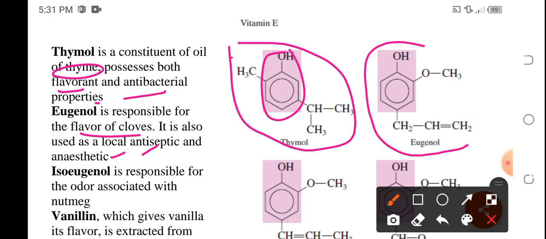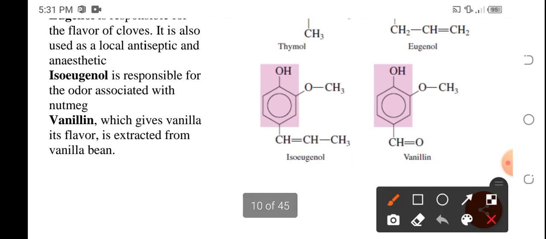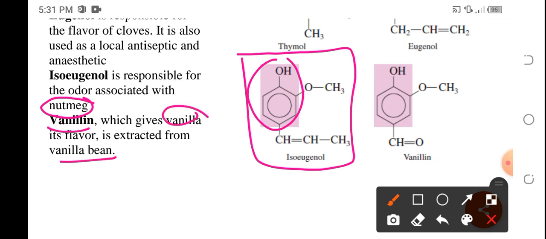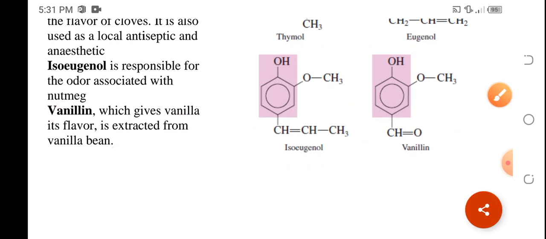This is the structure of eugenol and it also has a phenol part. Isoeugenol is responsible for the odor associated with nutmeg. This is the phenol part of the whole structure of isoeugenol. And vanillin, which gives the vanilla flavor from the vanilla bean, also has a phenol part in its structure. Okay?